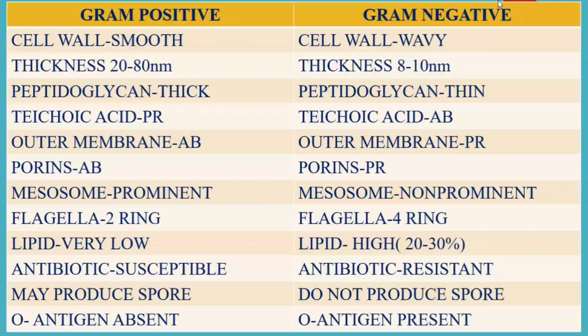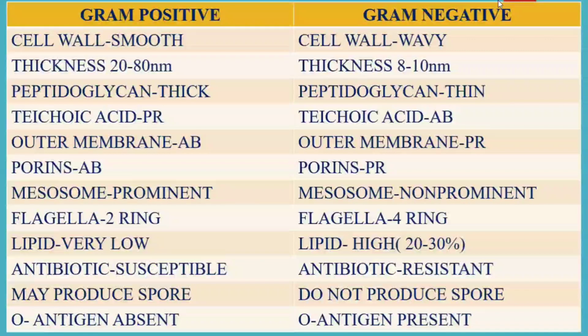So gram positive and gram negative. Now remember, for gram positive, the cell wall is smooth. Gram negative, the cell wall is wavy. Thickness for gram positive is 20 to 80 nanometer, while gram negative it's 8 to 10 nanometer, definitely very thin. Peptidoglycan has a thick layer. Peptidoglycan is thin in the case of gram negative. Teichoic acid is present in the case of gram positive, which is absent in the case of gram negative.